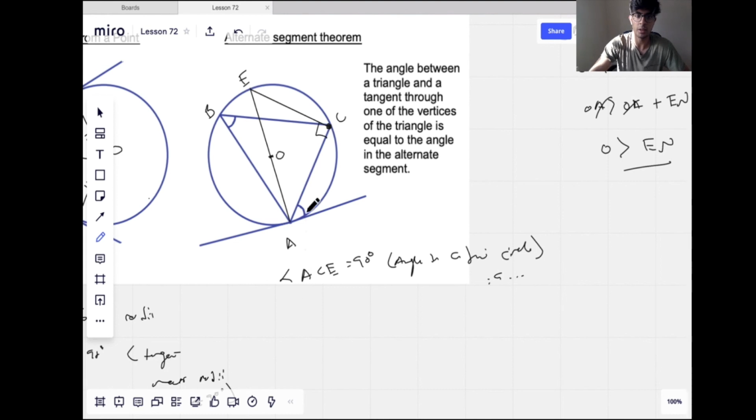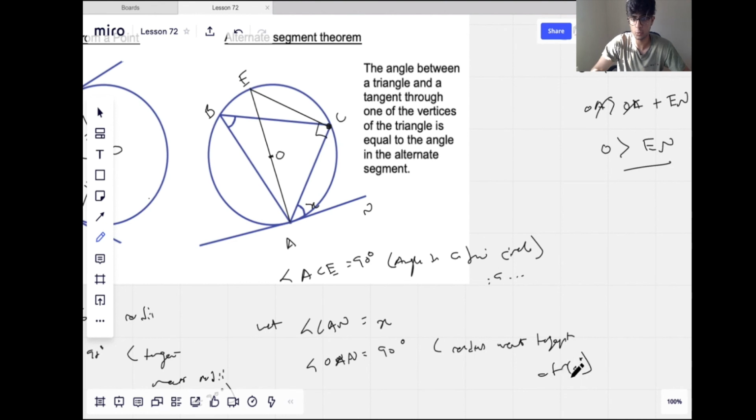We can call this point N. Angle CAN is equal to, so let angle CAN equal X. This is X. We know angle OAN equals 90 degrees because it's a radius meeting a tangent, O to A to N. Radius meets tangent at 90 degrees.